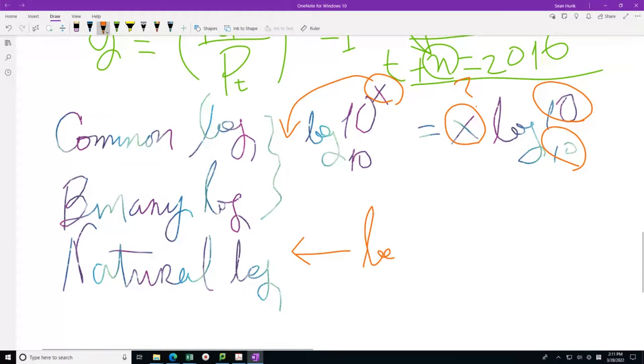It uses Euler's number as the base, right?